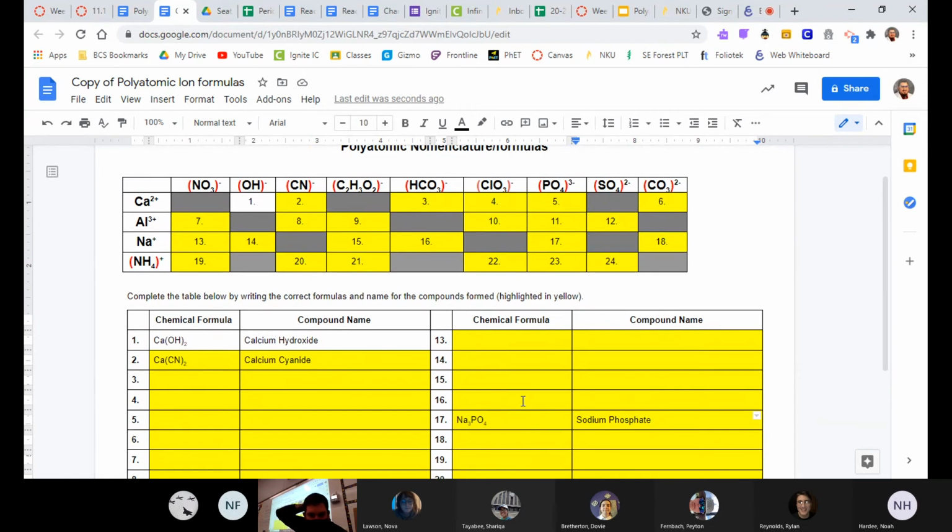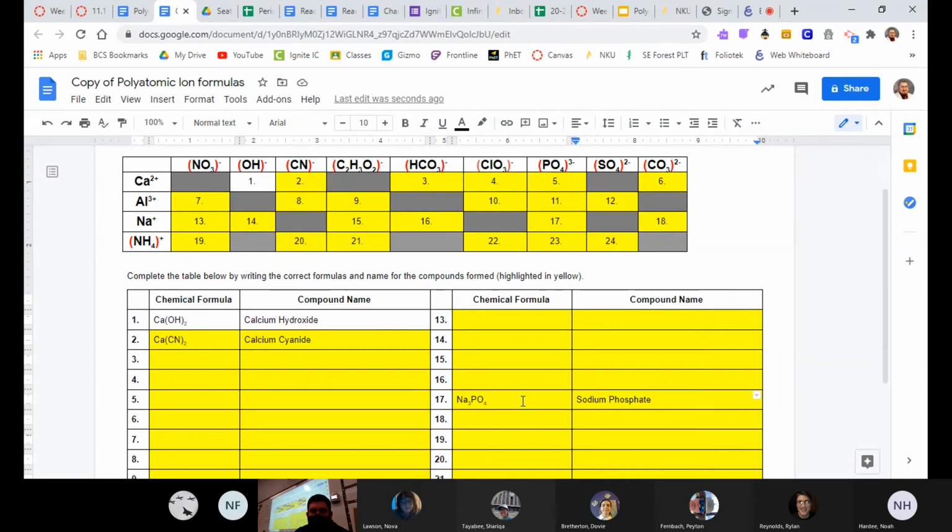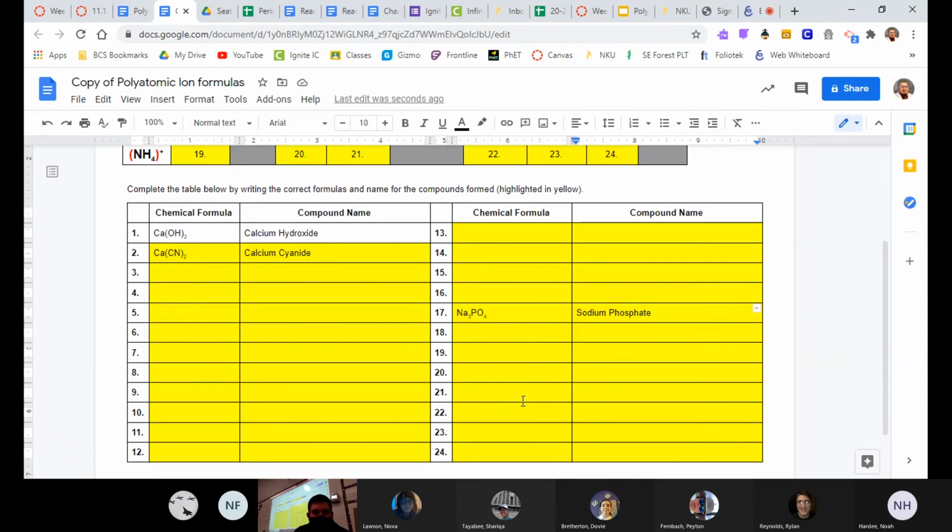Let's see. I want to try one a little bit harder. Let's do number 12 together. What am I going to bond together for number 12? So Al and SO4, sulfate. So let's go down here.